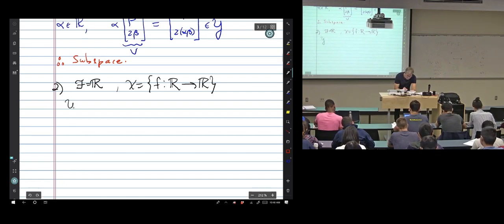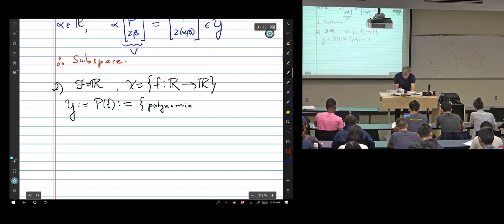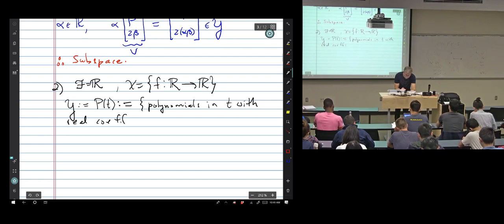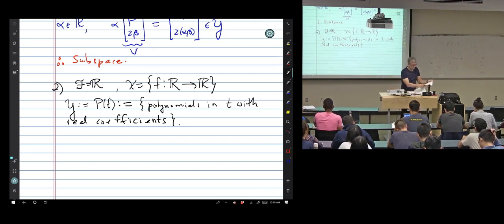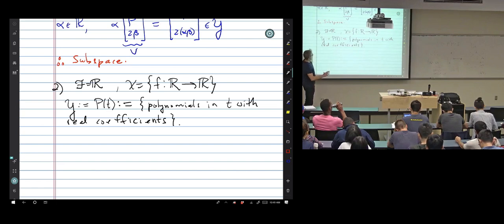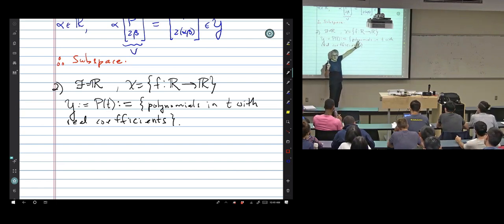I'm going to define Y by definition to be this set I'm going to call P of T, and it's going to be all polynomials in T with real coefficients.